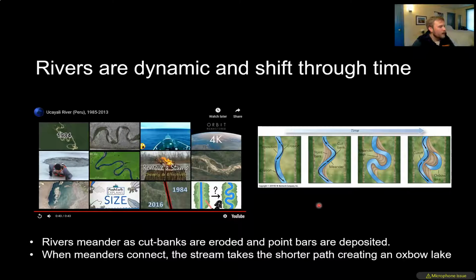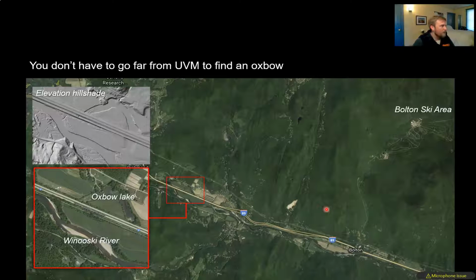And so you don't have to go very far to find these in Vermont, right? So if you go skiing up to Bolton, right, and you take I-89 and you're driving along on the access road, on the frontage road, you drive by a really small oxbow lake right before you turn off to go to the ski area, right?